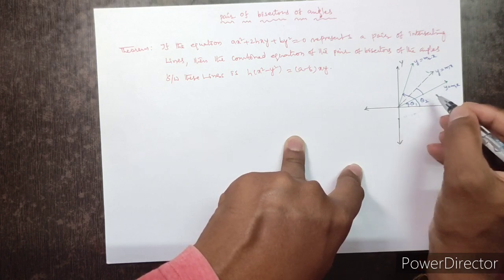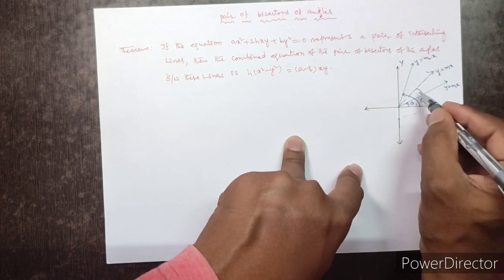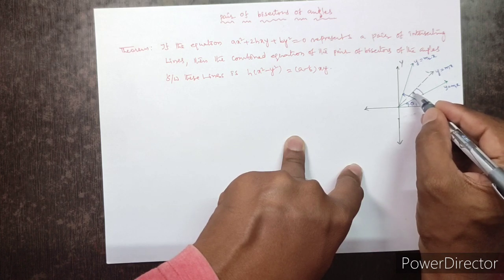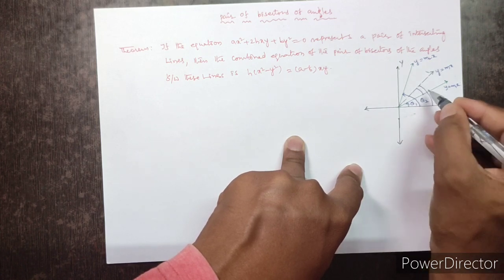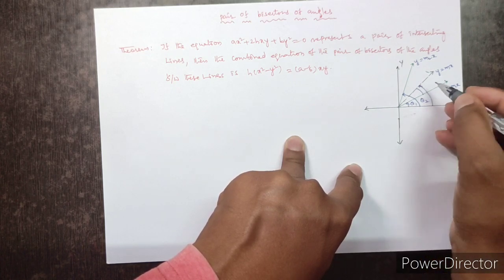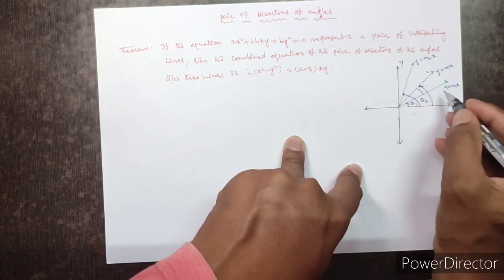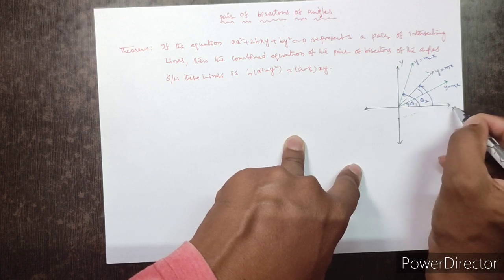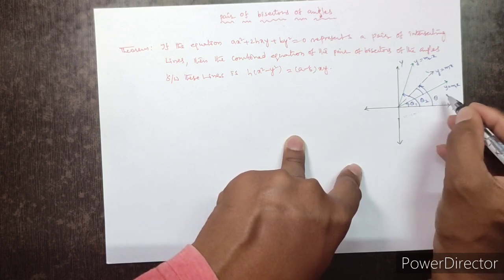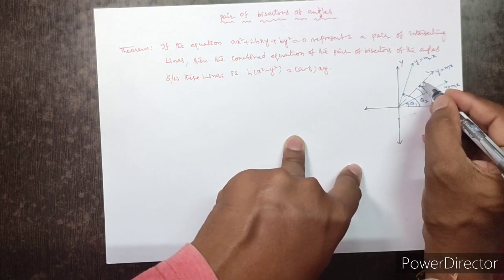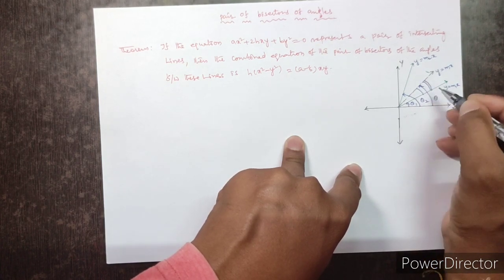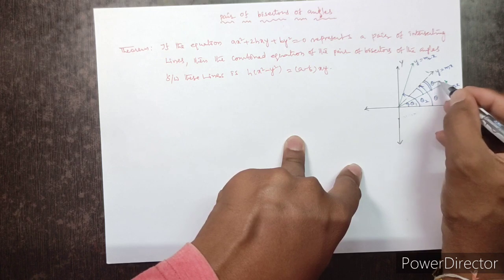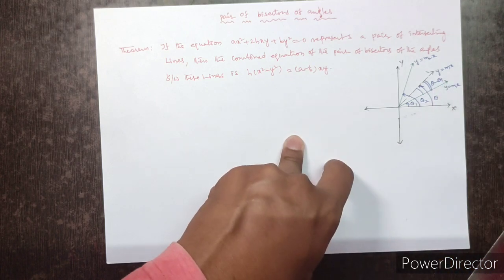So angle between these two lines is nothing but, the angle between the bisector of these two lines with the x-axis is nothing but theta, and the angle between these two lines is nothing but theta minus theta 1.